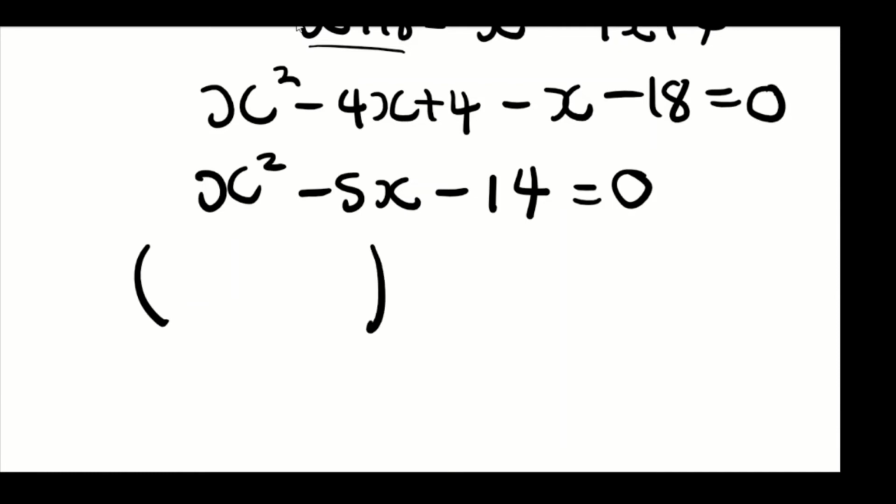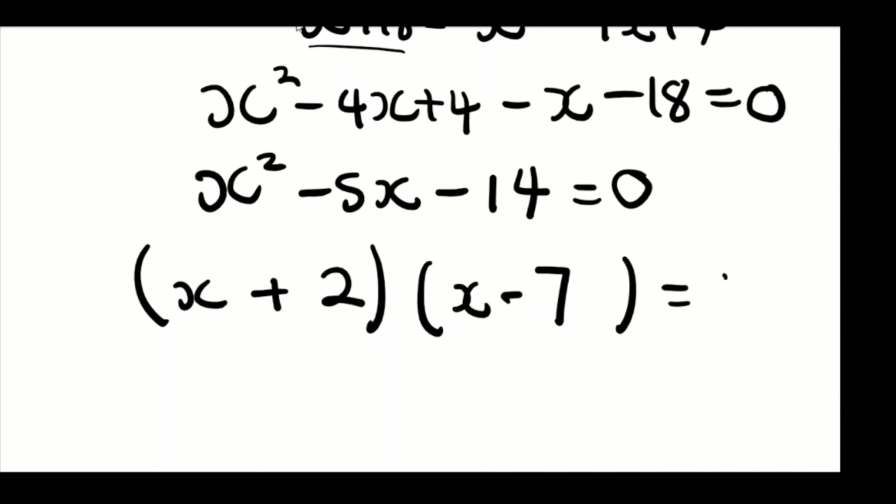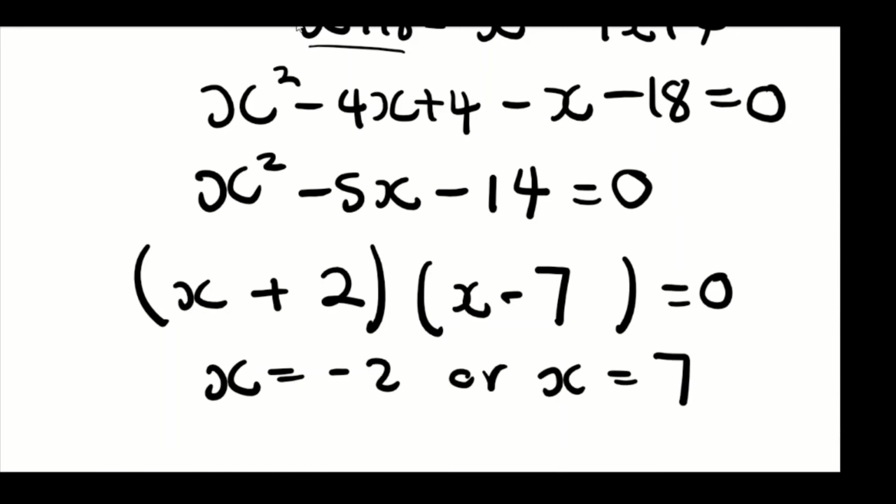Then you're going to factorize: x and x, 7 and 2, which are factors of 14 that give you the middle term. So here is going to be negative and here it will be positive, being equal to 0. So x is equal to minus 2, or x is equal to 7.